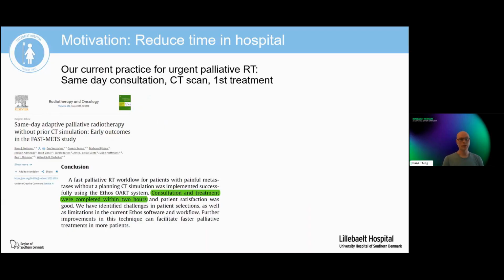They reported that they could do consultation and treatment within 2 hours in the hospital, which we thought was quite impressive, considering that our current practice for urgent palliative radiotherapy was still same-day consultation, CT scan, first treatment.